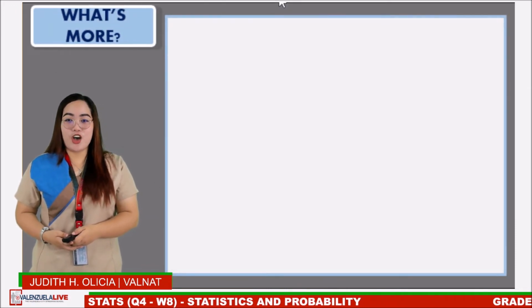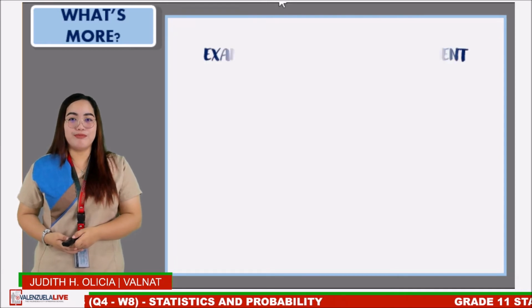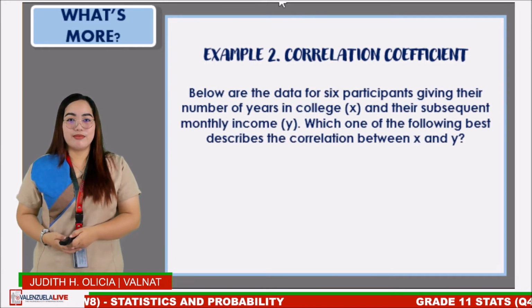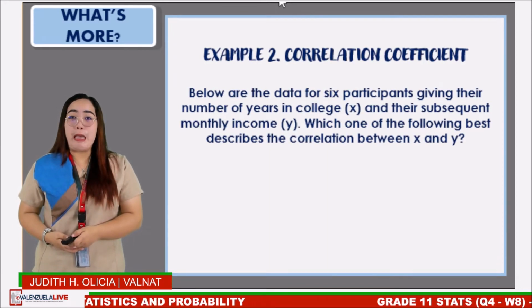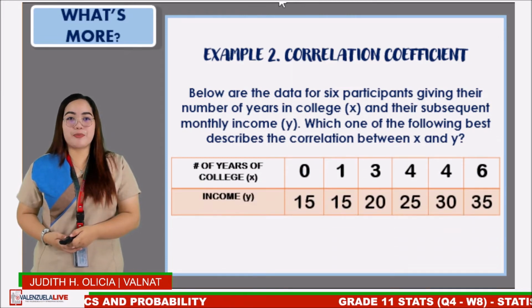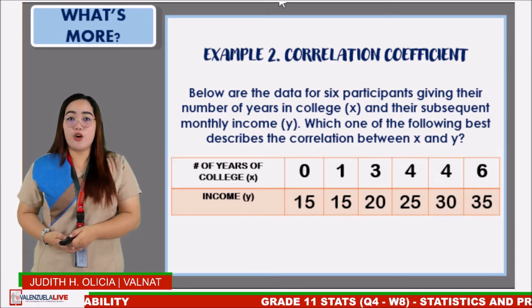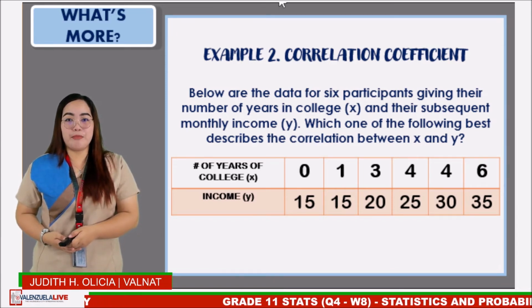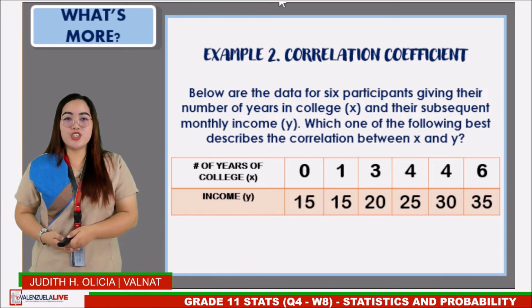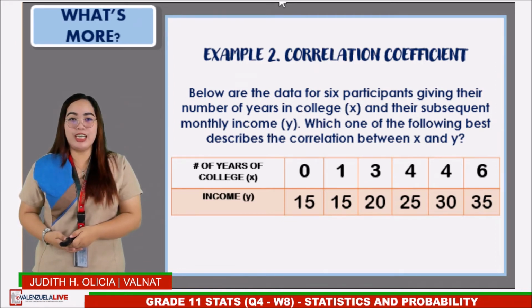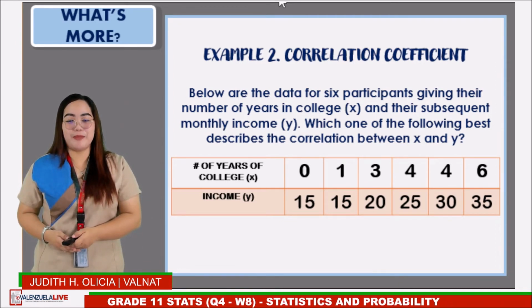Let's proceed to example number 2. Correlation coefficient. Below are the data for 6 participants giving their number of years in college, or X, and their subsequent monthly income, or Y. Which of the following best describes the correlation between X and Y?